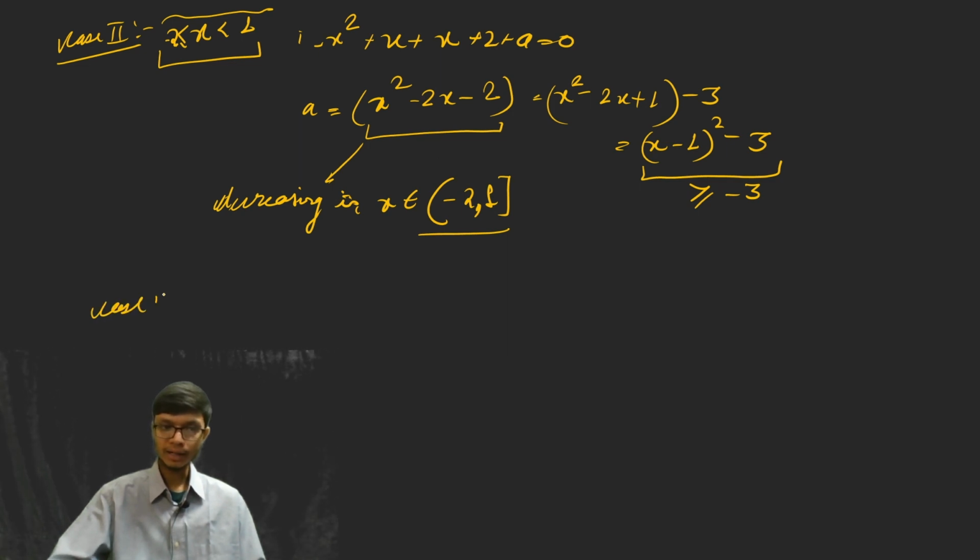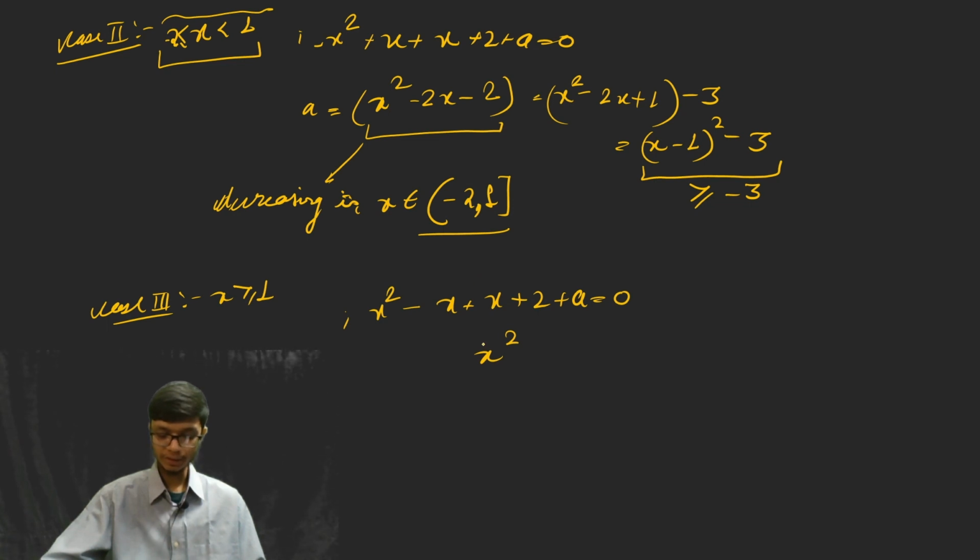And again we have the third case, which is when x is greater than or equal to 1. For this case, we have the quadratic x square minus x plus x plus 2 plus a is equal to 0. So I get x square plus 2 plus a is equal to 0, and I can write a as minus of x square plus 2.